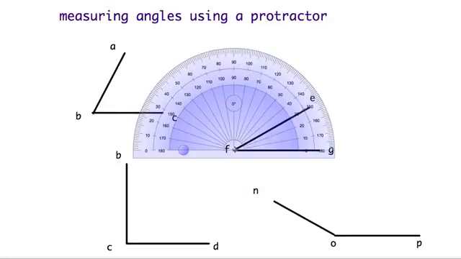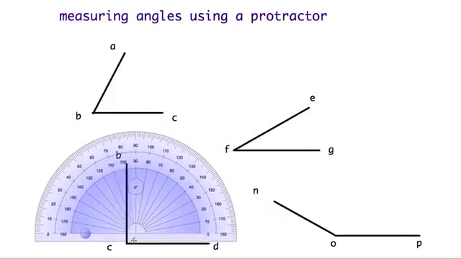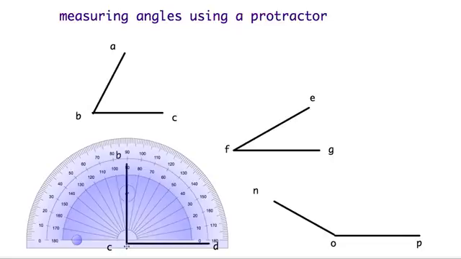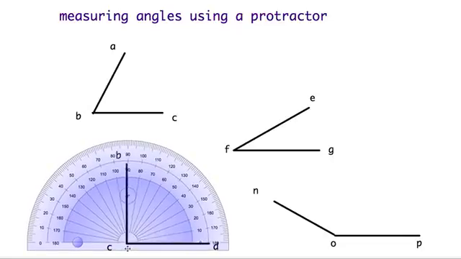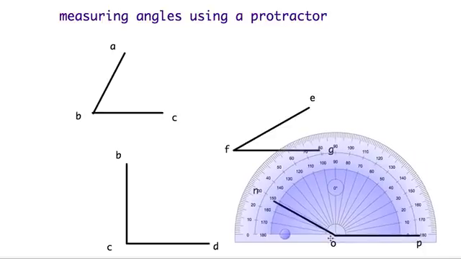Moving on to our next angle. What would you guess this is? I bet if you guessed 90 degrees, you would be correct. From 0 all the way to here is 90. Moving on to our last angle, putting it right on the vertex.